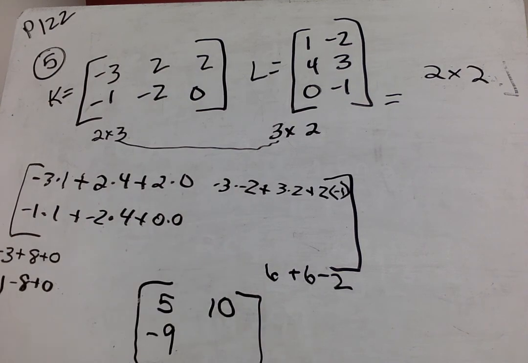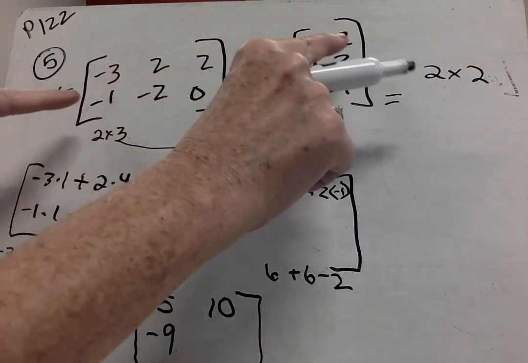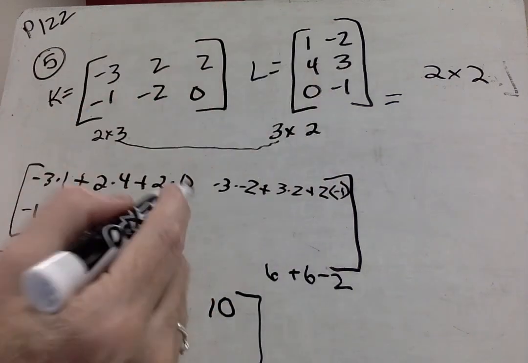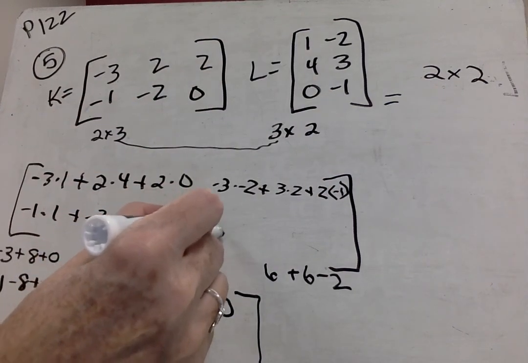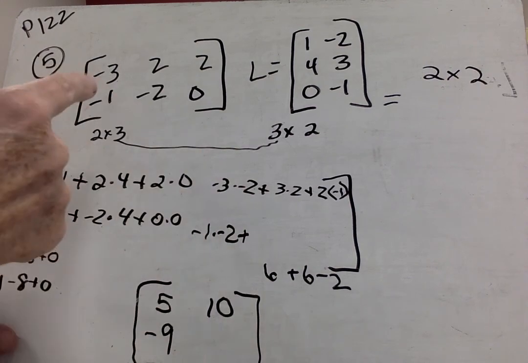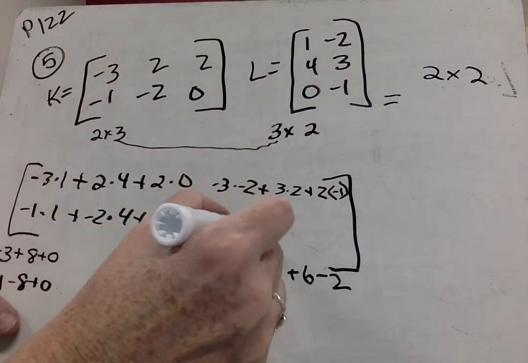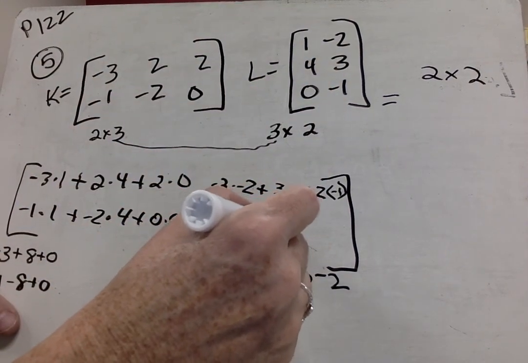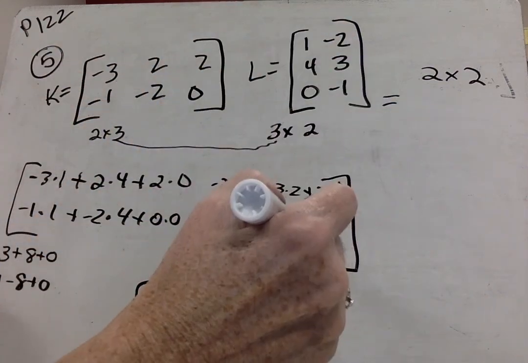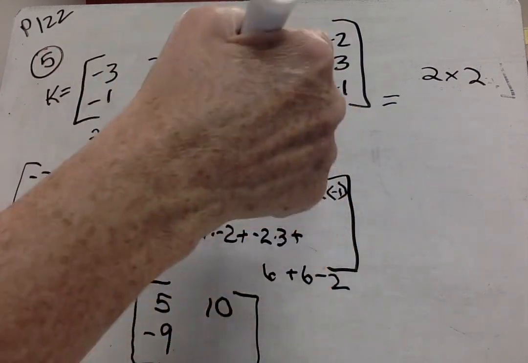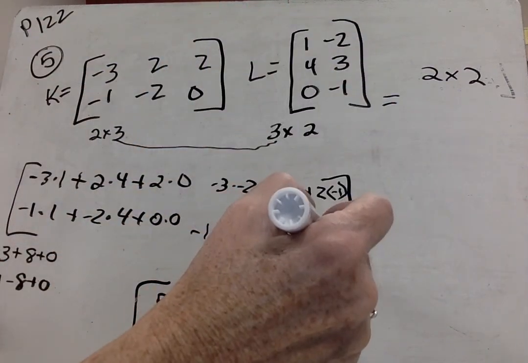Okay, now for our bottom one, and the last one, negative 1 times negative 2 plus negative 2 times 3 plus 0 times negative 1.